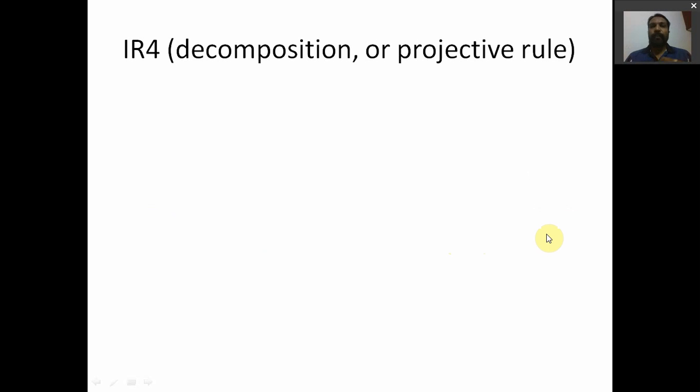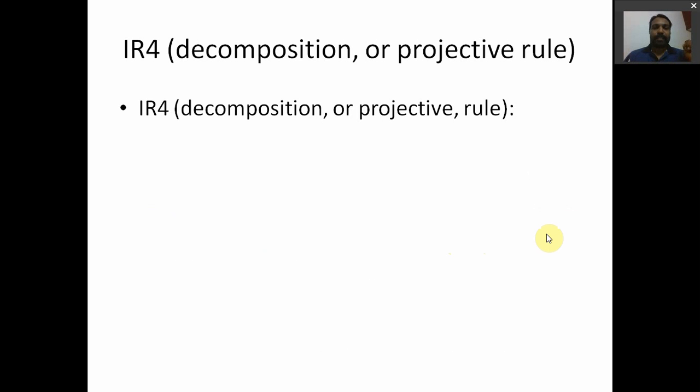Then we have three more inference rules. Next is IR4. It is also known as the decomposition or projective rule. It states that if there is a functional dependency x to y z, this implies that x to y will also hold, and x to z also holds.